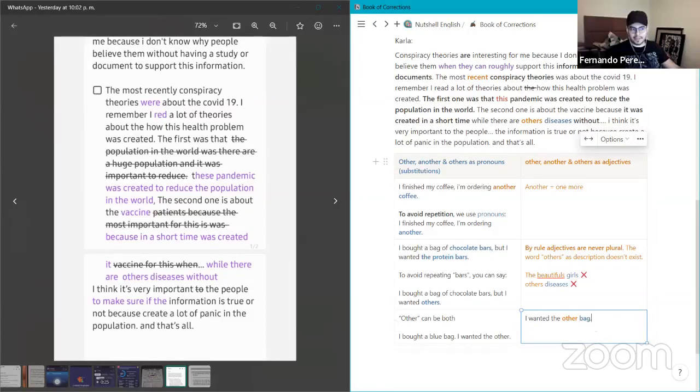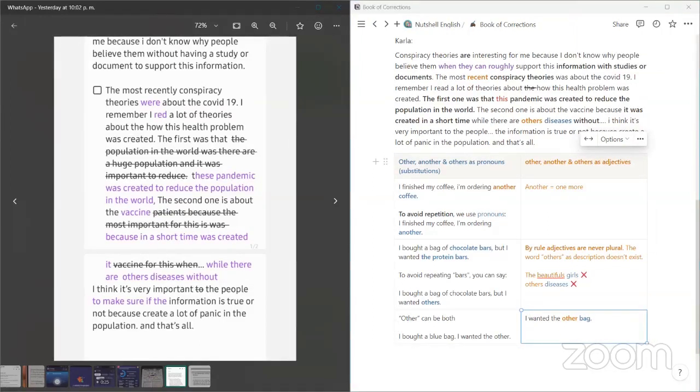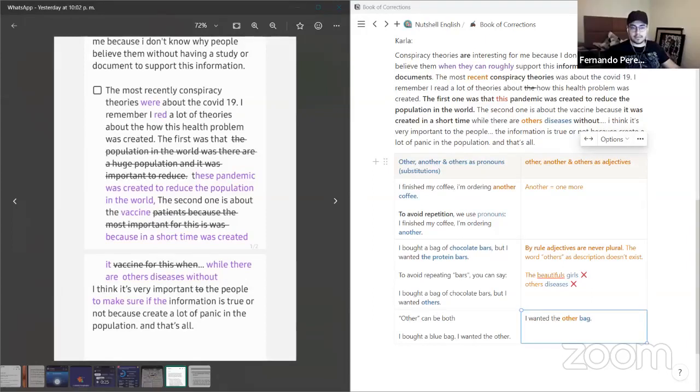Is that incorrect? No, you can say that.